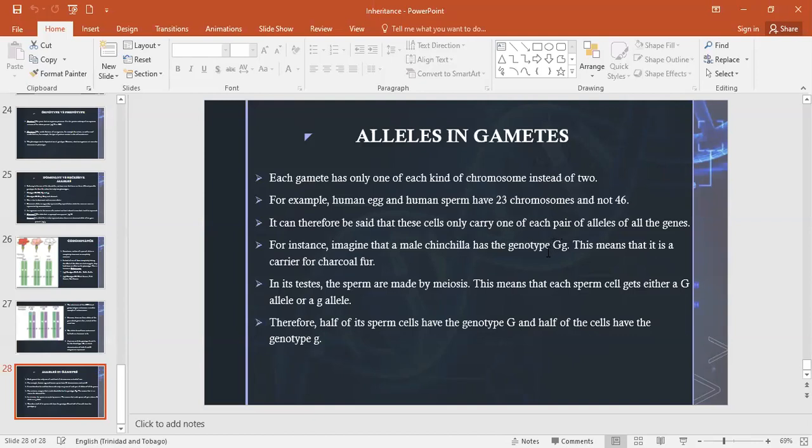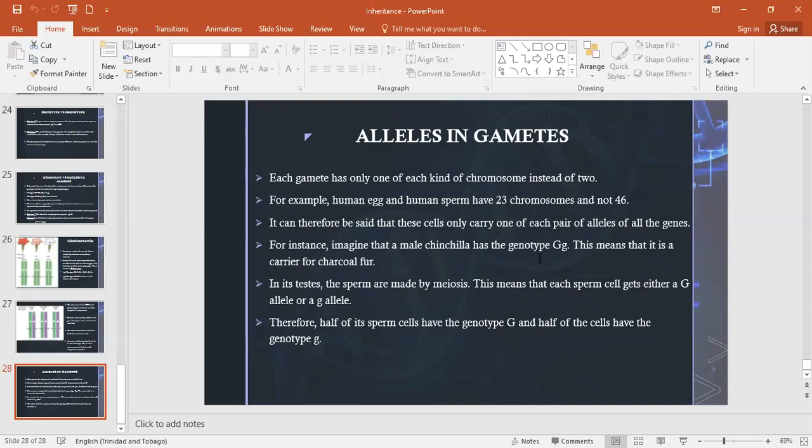All right. So half of the sperm cells will have genotype G and half will have genotype g. If it were GG, then all of them would just have capital G. If it were gg, then all of them would be recessive in general.